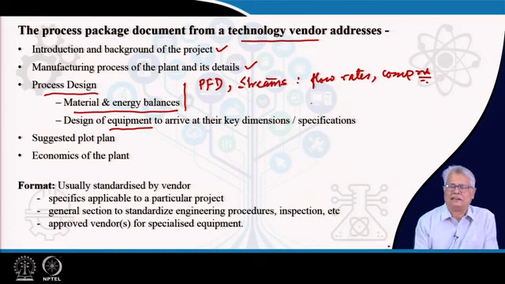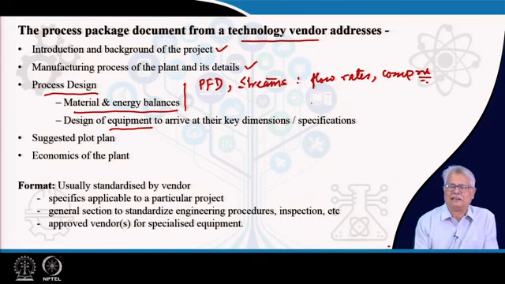Now, there may be a requirement for communicating additional information through additional drawings depending on the complexity of the process and what exactly is to be communicated. Normally, the instructions for layout, erection, equipment installation and operational safety are also to be covered, and it also includes the standards and the codes to be followed.